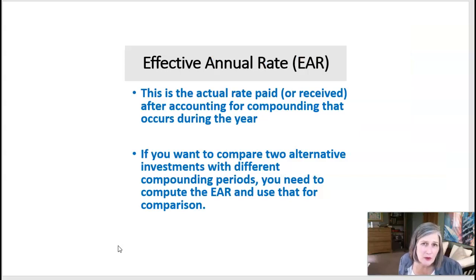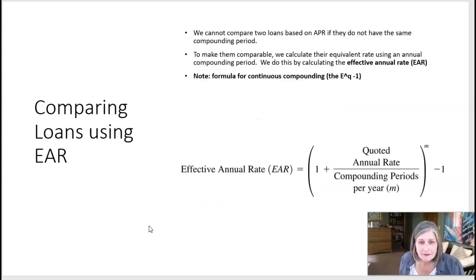An effective annual rate is the actual rate that is paid or received as a result of this compounding that happens during the year. A 12% rate is not the same thing as a 12% rate compounded monthly. So let's look at the formula for this, and then we'll do some examples.